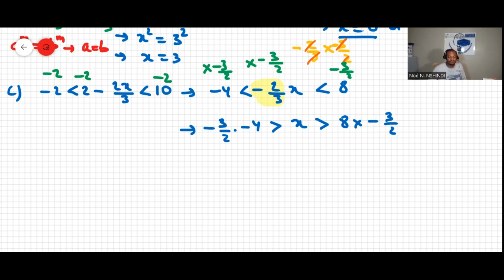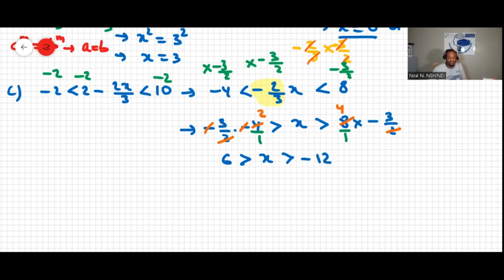There is an invisible 1 there also, so we can simplify. Negative and negative cancel, 2 and 4, we're left with 2 there. So this will make 2 times 3, 6. So 6 is greater than x, and x is greater than, after simplifying, we are left with 4 times -3, which is -12.